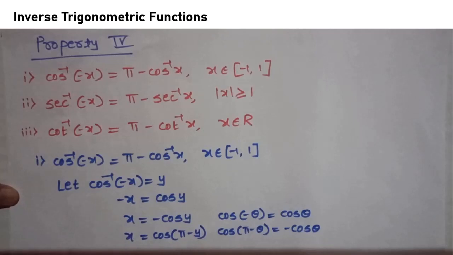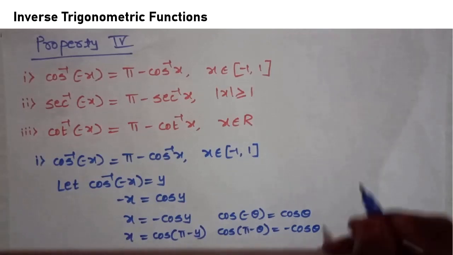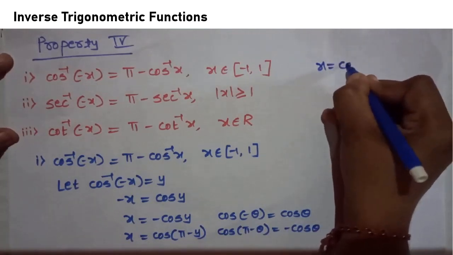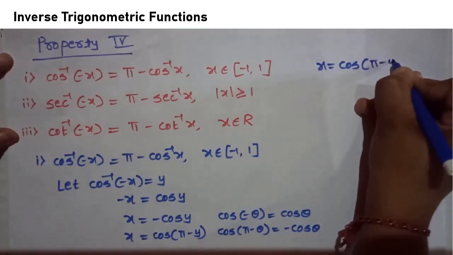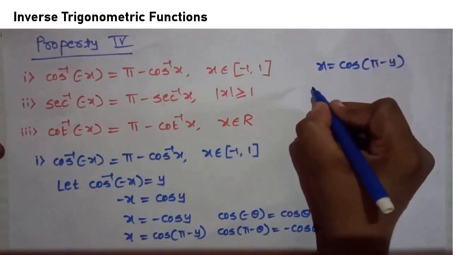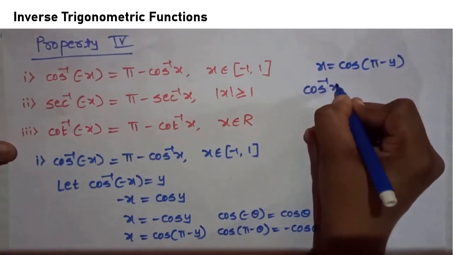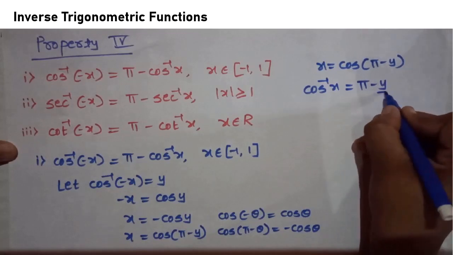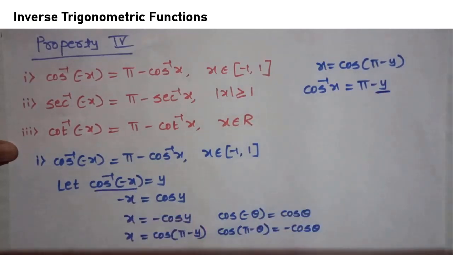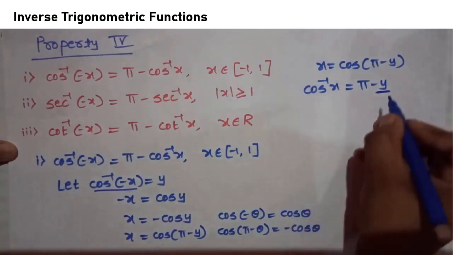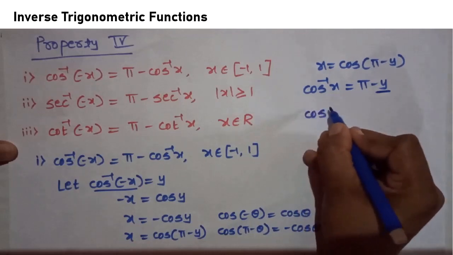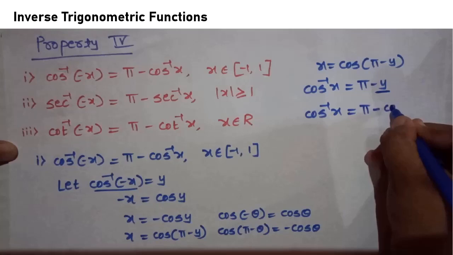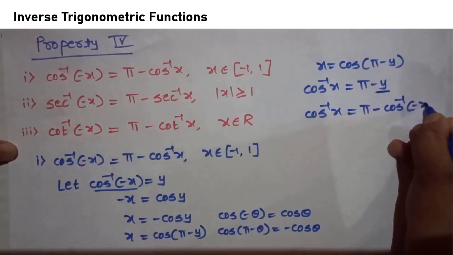So x is equal to cos of pi minus y. Then cos inverse x is equal to pi minus y. Already you know the value of y is cos inverse of minus x, so substitute that. Therefore cos inverse x is equal to pi minus cos inverse of minus x.